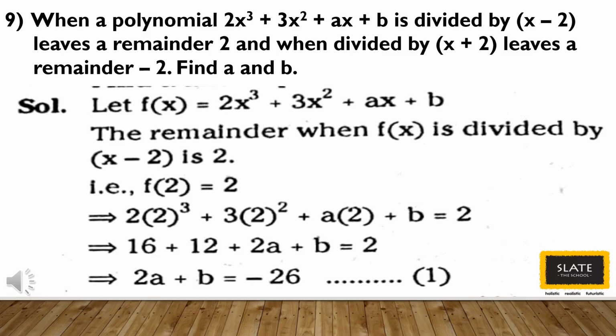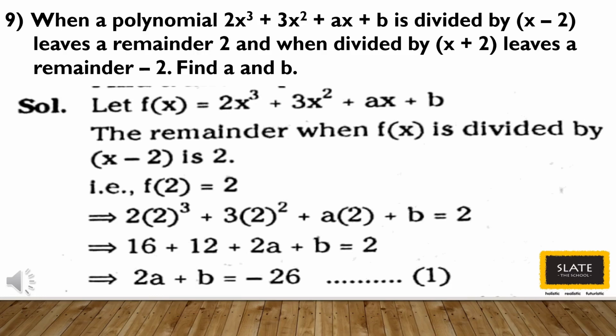So 2 into 2 cube plus 3 into 2 square plus a into 2 plus b is equal to 2. 2 cube is 8, 2 square is 4. 2 into 8 is 16, plus 3 into 4, 3 4s is 12, plus a into 2 is 2a, plus b is equal to 2.